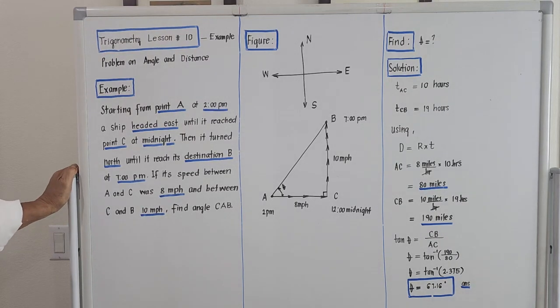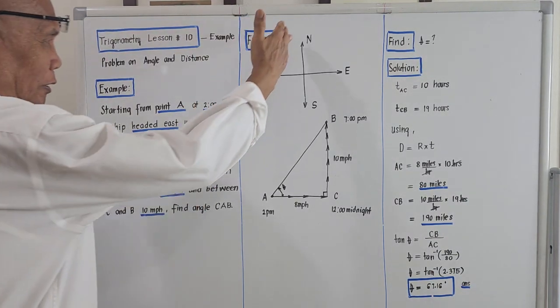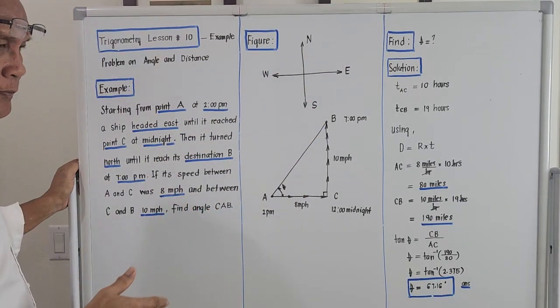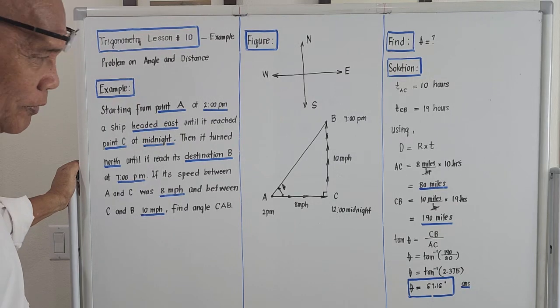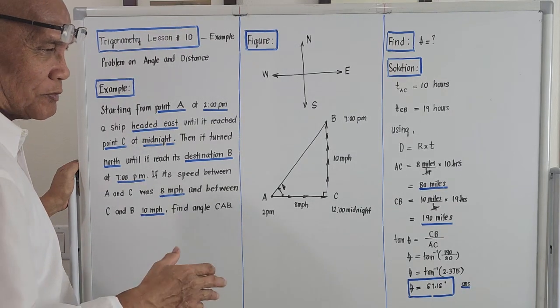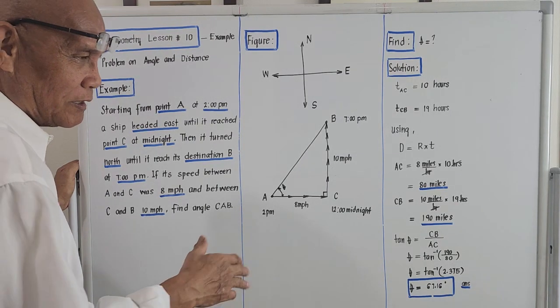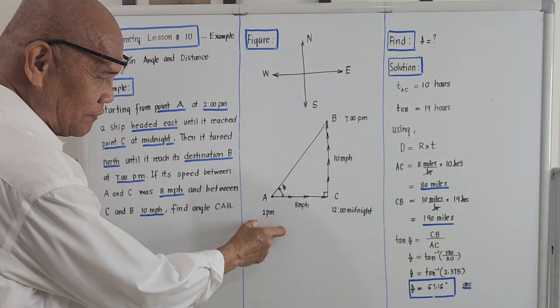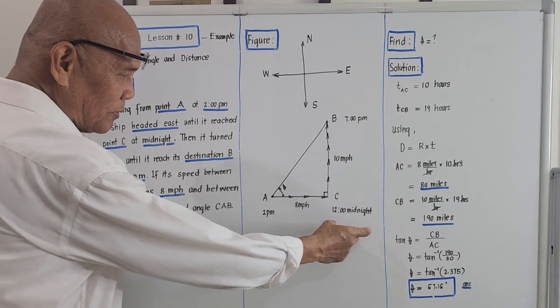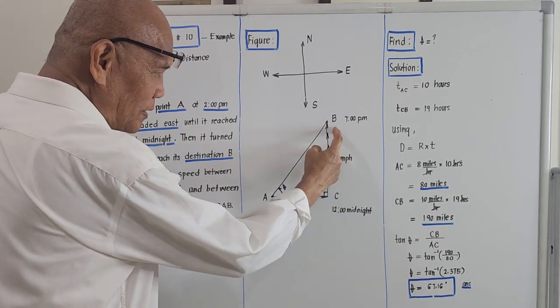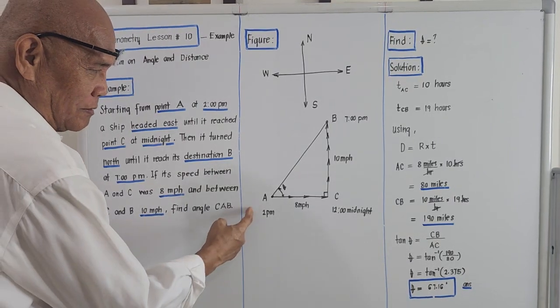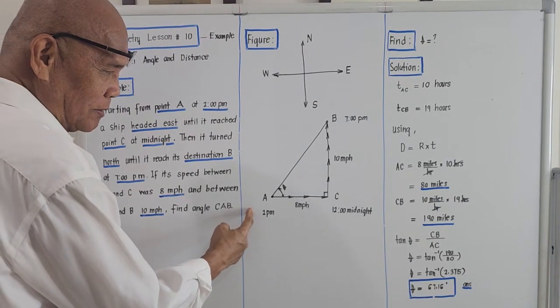Okay, so the requirement for the figure should be to draw our compass, right? Then we graph the point of the ship's location at any given point in time. It is at point A at 2 p.m., point C at midnight, and point B at 7 p.m. This is point A, the initial location.